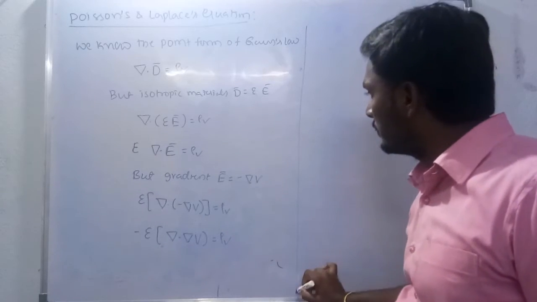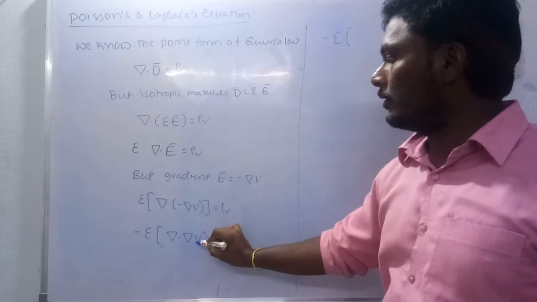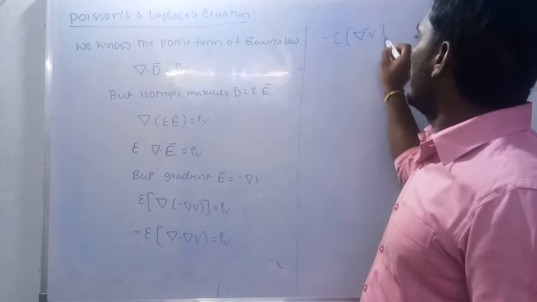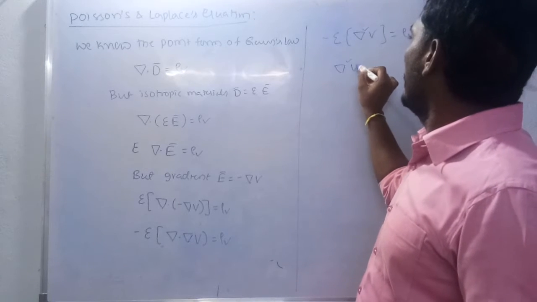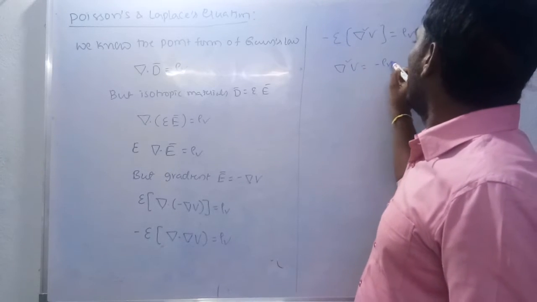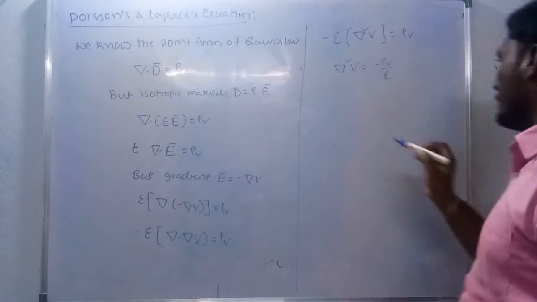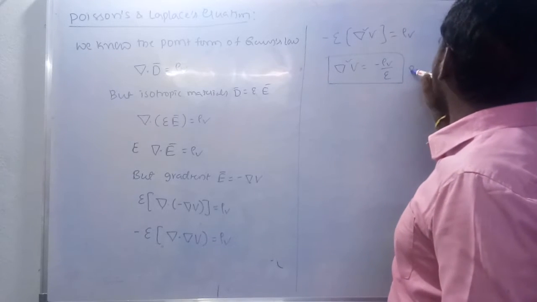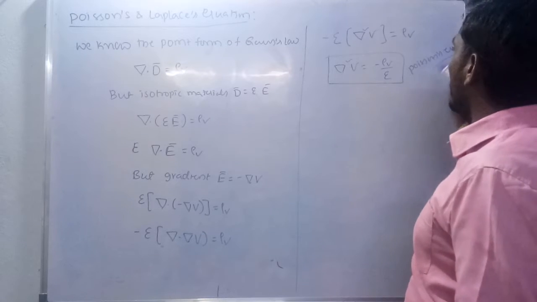See, this del dot into del V becomes del square V. Del square V is equal to minus rho v by epsilon. Minus rho v by epsilon is your Poisson's equation.